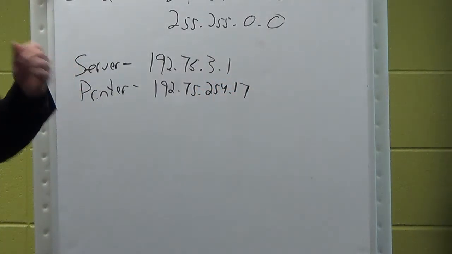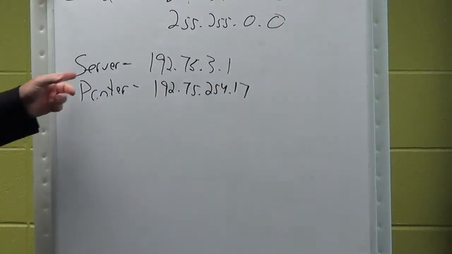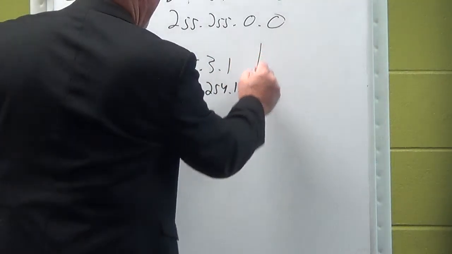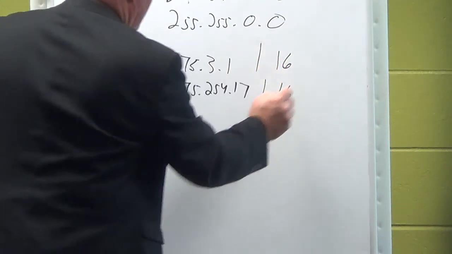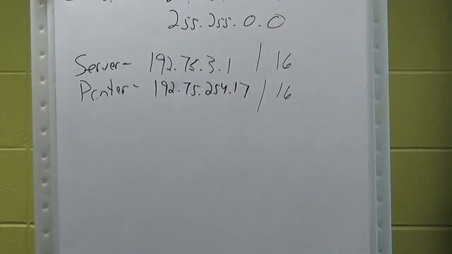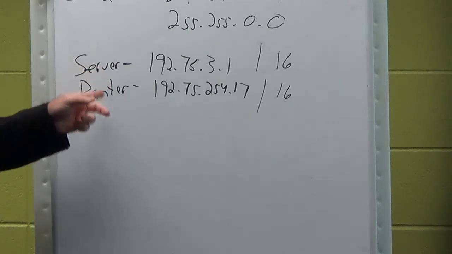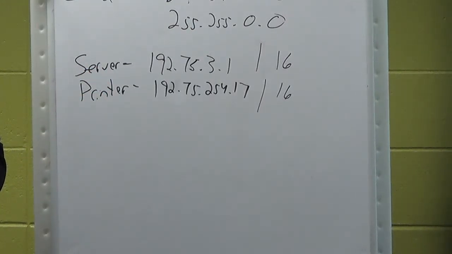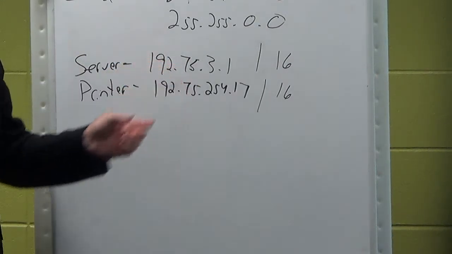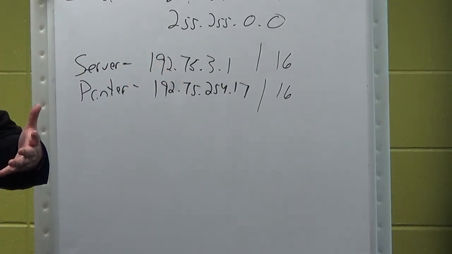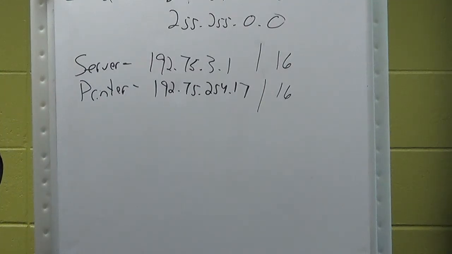Don't shout it out, just raise your hand if you know the answer. And both of them have a subnet mask of 255.255.0.0. Miguel, can this server see this printer? And why? His answer was yes. And why? Well, what does that tell you? If it has the same number of bits in the network address, it tells you they're on the same network. Okay?